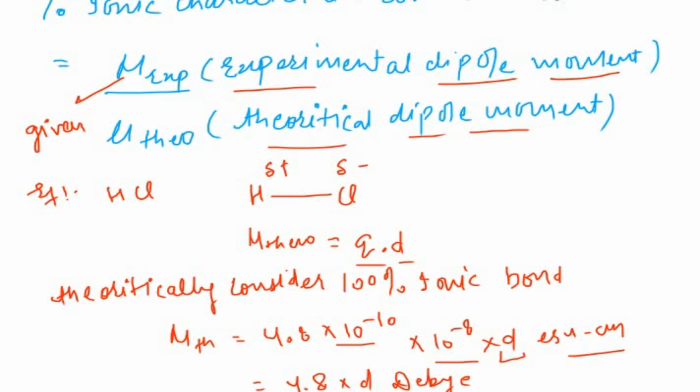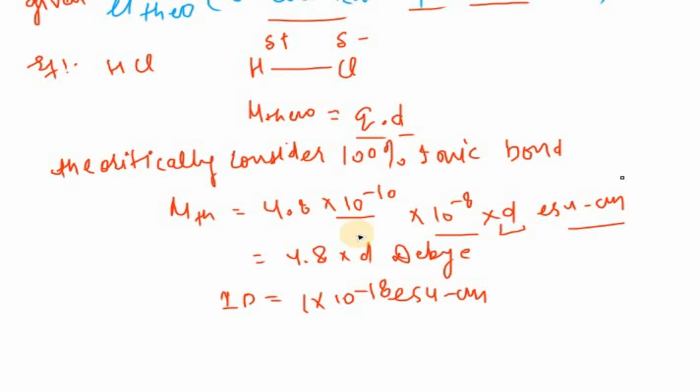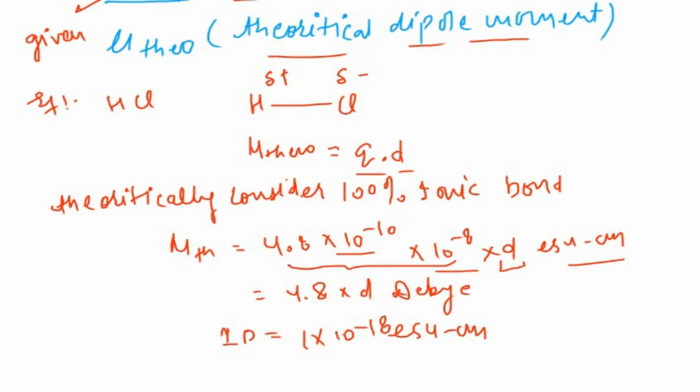When we calculate, we should know all these ESU values and the charge, which is the value of the charge in ESU of a single electron, and that is the distance. So it is in ESU centimeter. Convert that ESU centimeter into Debye. That's how we calculate the percentage of ionic character through this dipole moment.